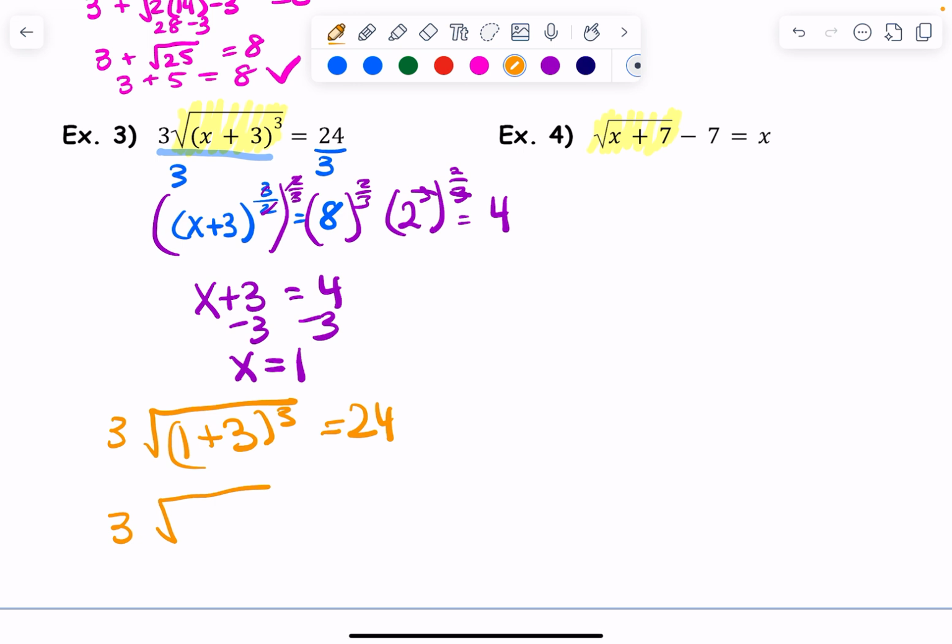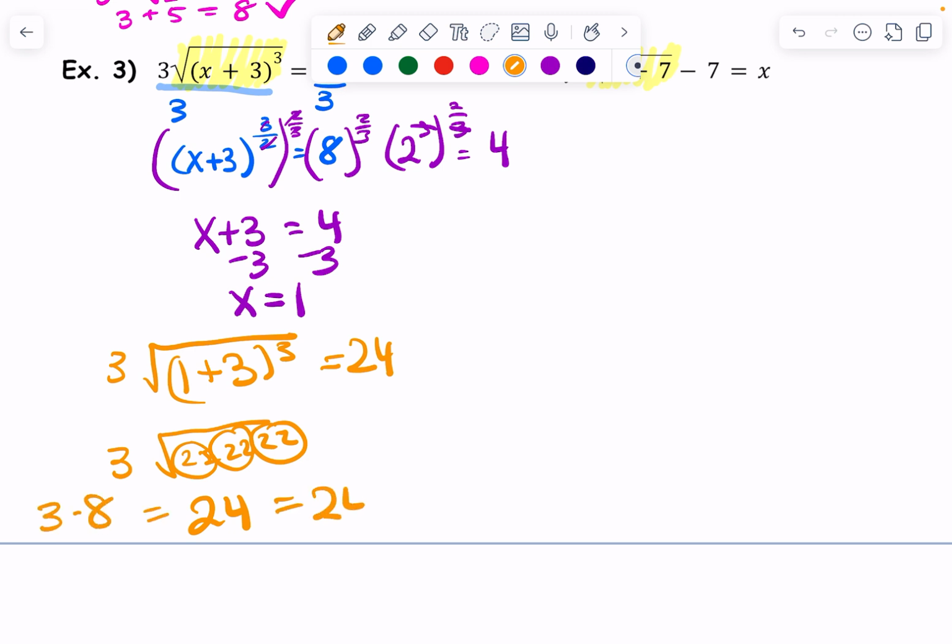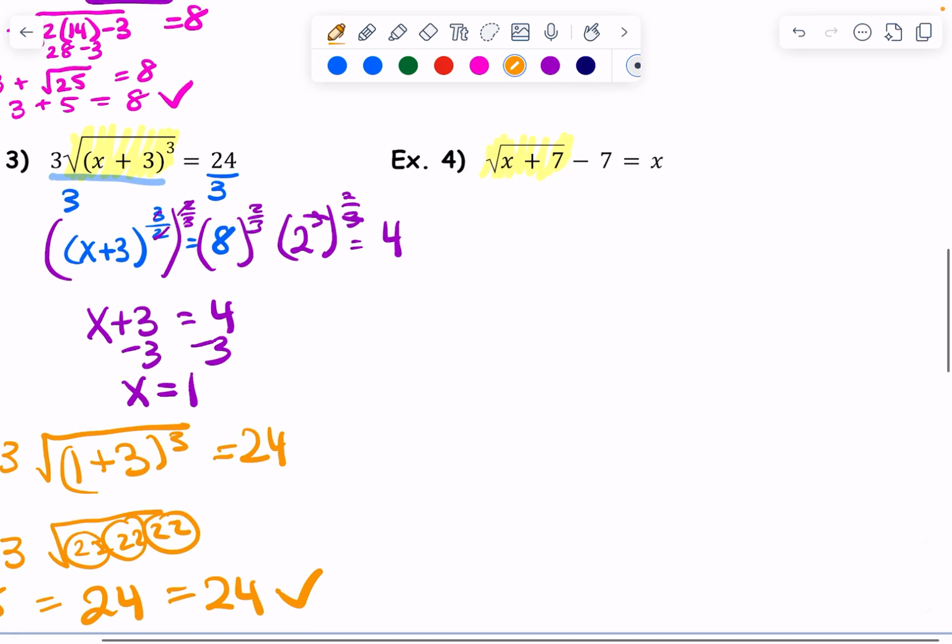Okay, so 4 cubed is just 2 times 2, 2 times 2, 2 times 2, if you think about that. So when we take this out, we're going to have 4s coming out, right? Because if I have 3 of those, obviously we're going to have 2 times 2 times 2 coming out, which is 24, because this is going to be 3 times 8, and that's going to be 24. And 24 equals 24, so we are finished.